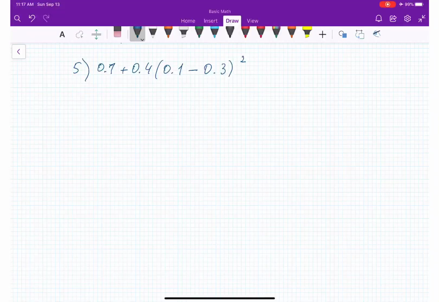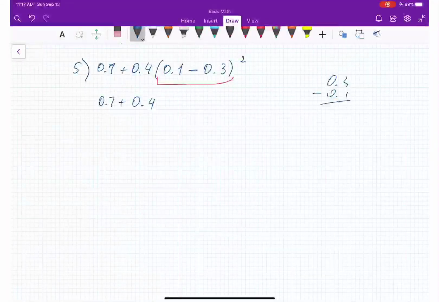Okay, so first we are doing this subtraction, obviously, in parentheses, because first come parentheses, and only then we'll do exponent. 0.1 minus 0.3, so 0.3 minus 0.1, it's going to be 0.2, and the sign is going to be negative, yes, because 0.3 is greater than 0.1. So negative 0.2 squared.